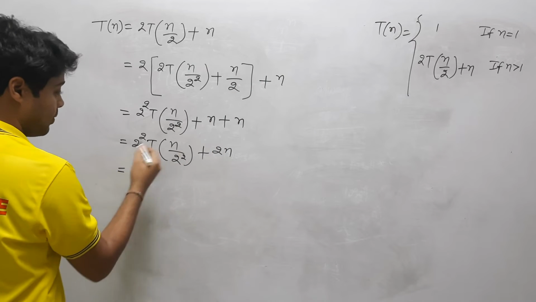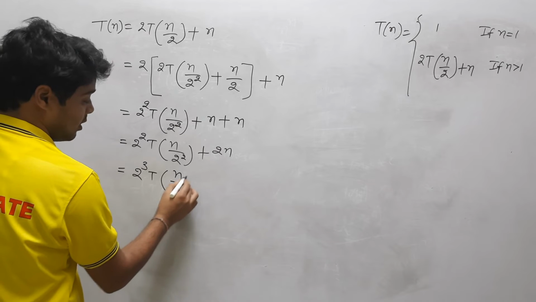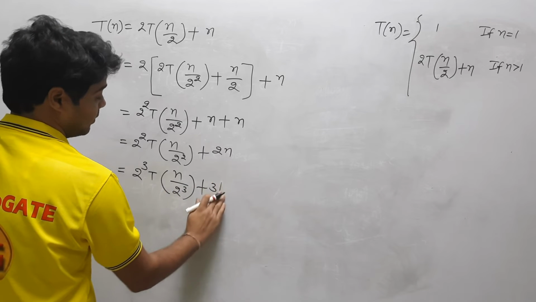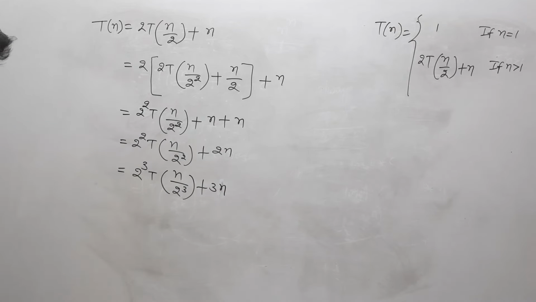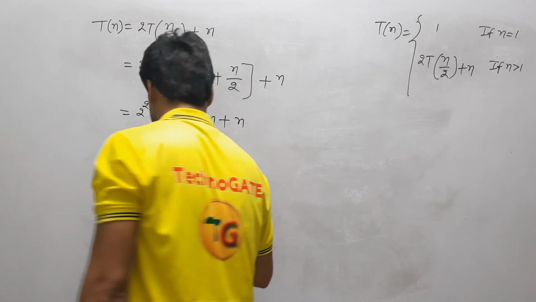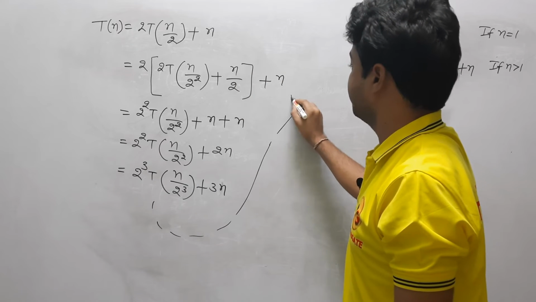Suppose we put again, then what will happen? 2^3 T(n/2^3) + 3n. Now suppose it goes k times.